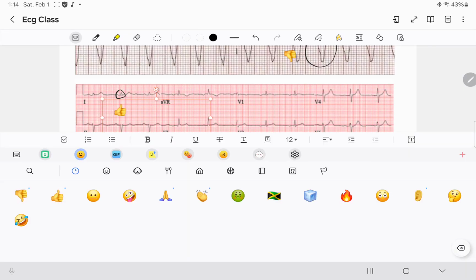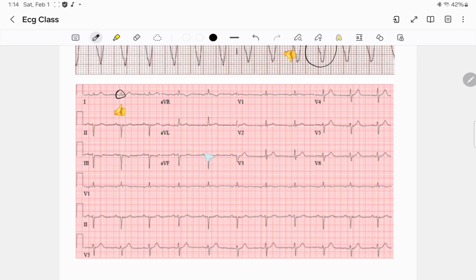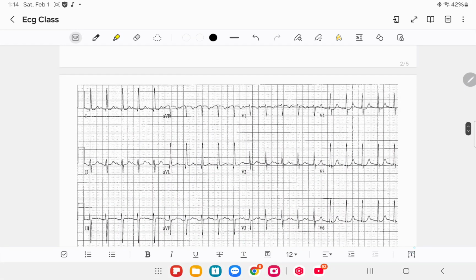That's a thumbs up. All right, so use your thumbs while you're watching the video. I think that tactile stimulation will help. So lead 1 would be a thumbs up, right? And lead AVF, okay, so let's circle. It's predominantly negative, the QRS complex. All right, so let's label that as well.